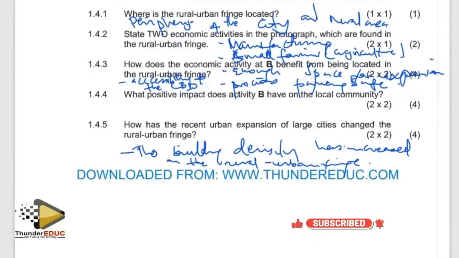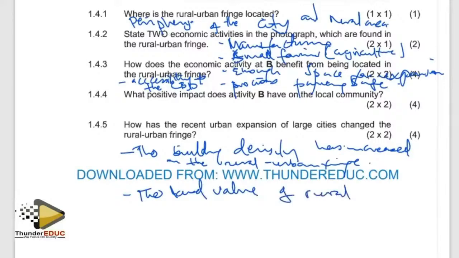And you also talk about the land value of the rural urban fringe, which goes up or rises.